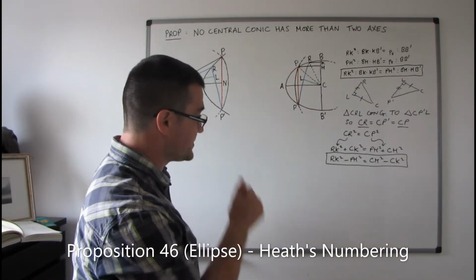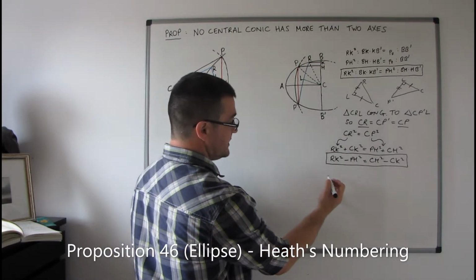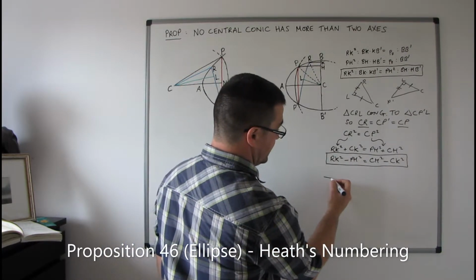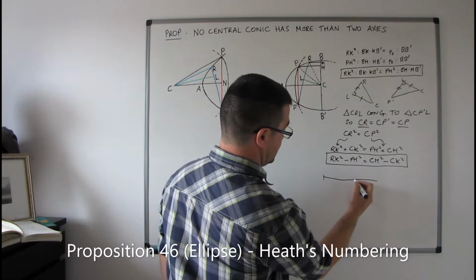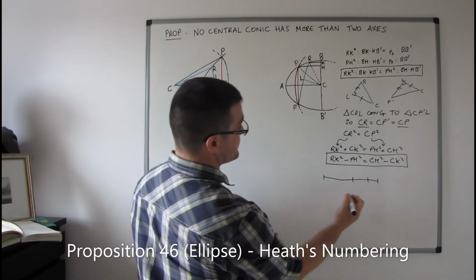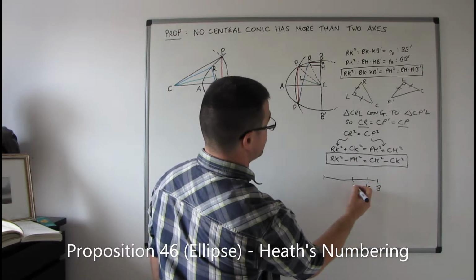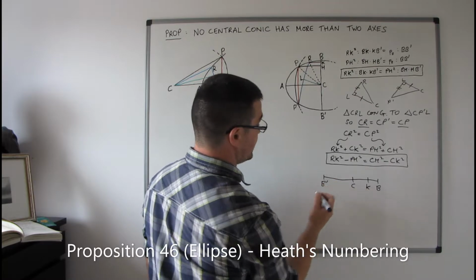Okay, the next thing for us to look at is what we've got going on here with the minor axis. So I'm going to draw out a couple of diagrams to help us with this. So let me think. We've got B, K, C and B prime.